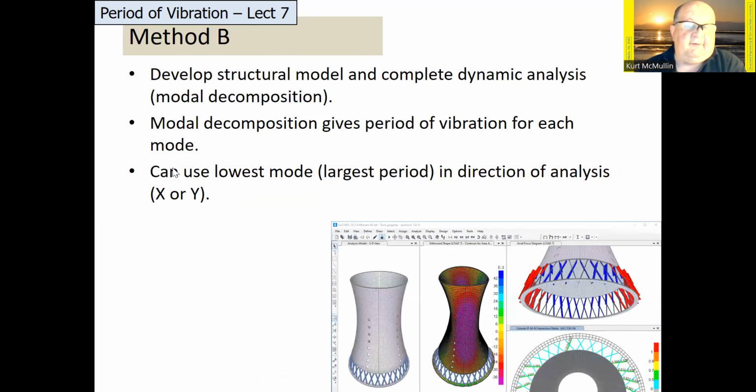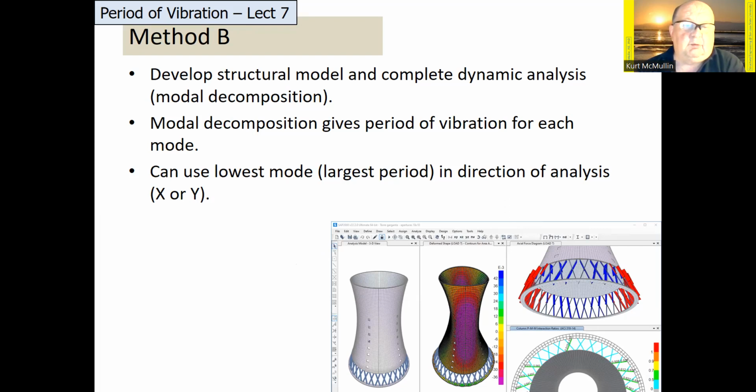So that's method A. Very quick little calculation gives us actually a rather accurate estimate of what the period of vibration will be. But method B is the process of developing a structural model in some kind of computer software and running a dynamic analysis, a modal decomposition, and having the analysis tell us that based on the mass and the stiffness of various portions of the structure, the period of vibration will be a certain amount.